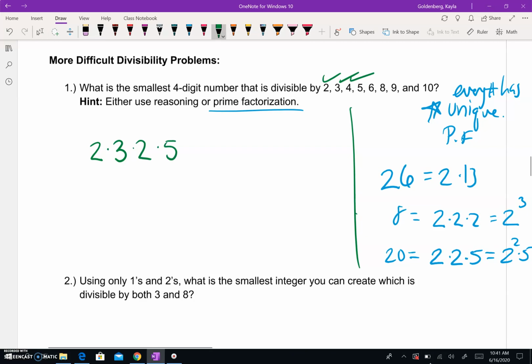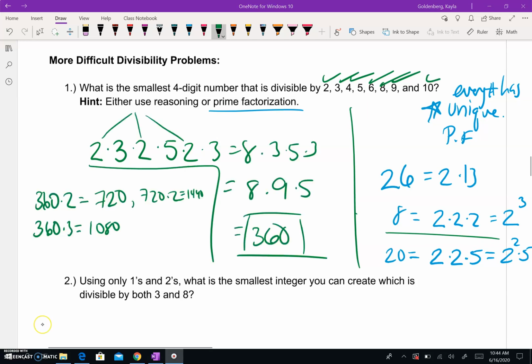So we're building a prime factorization here. I'm already divisible by 6 because I have a 2 and a 3. To be 8, I need 3 2s, because remember we said the prime factorization of 8 was 2 times 2 times 2. To be divisible by 9, I need a 3 and another 3, right? 3 times 3 would give me 9. And 10, I already have a 2 and a 5, so I'm definitely good on 10.